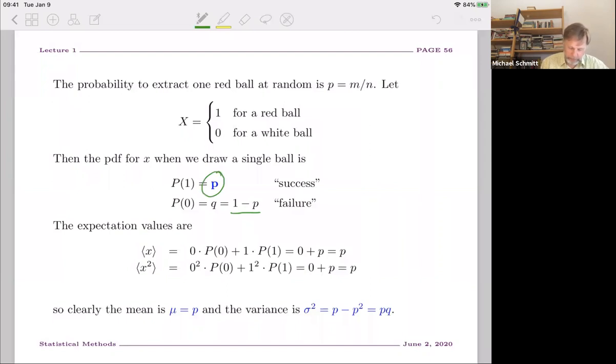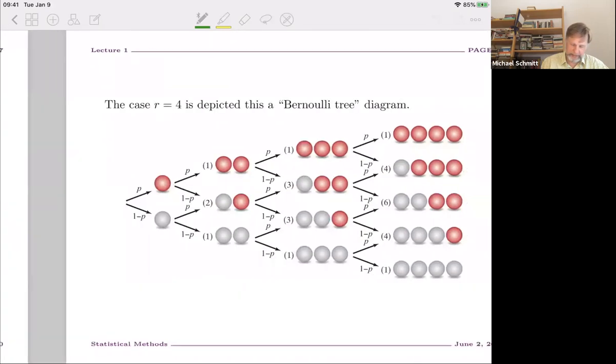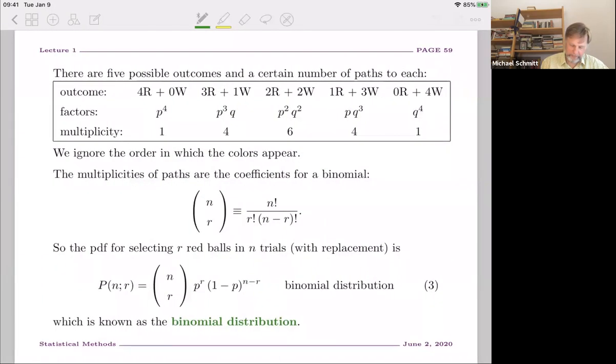It's easy to show that this probability P is the mean of the Bernoulli distribution. And you can also calculate the variance as being P times 1 minus P, or P times Q. I'm going to skip all of this. It just shows you the functional form of the binomial distribution.